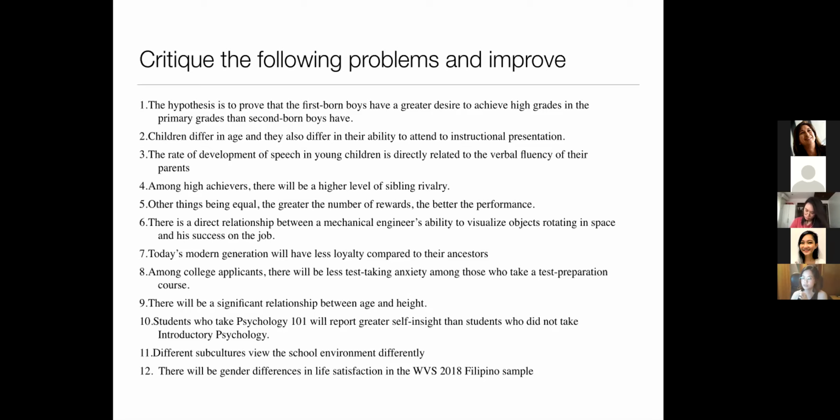Why? What's the criticism on 7? Today's modern generation versus ancestors. Oo nga. Parang ano yun? Medyo vague. Like, it's hard to understand. Tapos we wanted to define the two separate groups talaga. Kaya we specified two specific generations. And then keep it in the present tense also. Correct. Great. Perfect. All right.